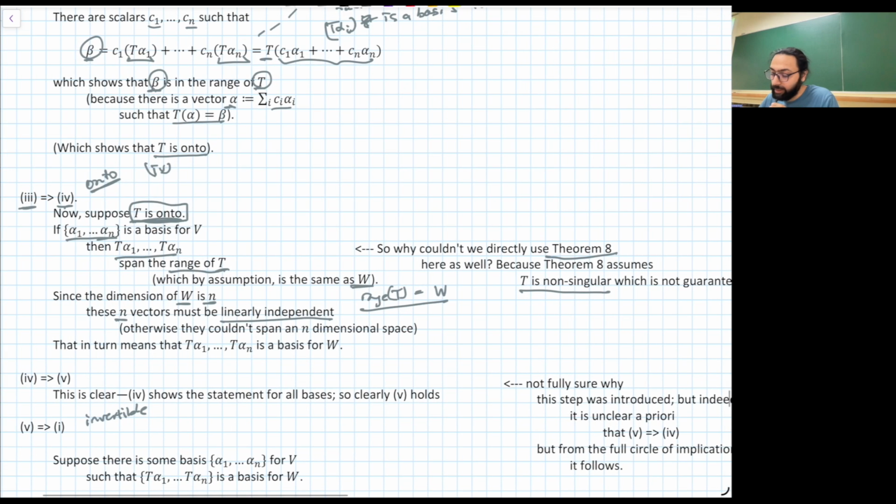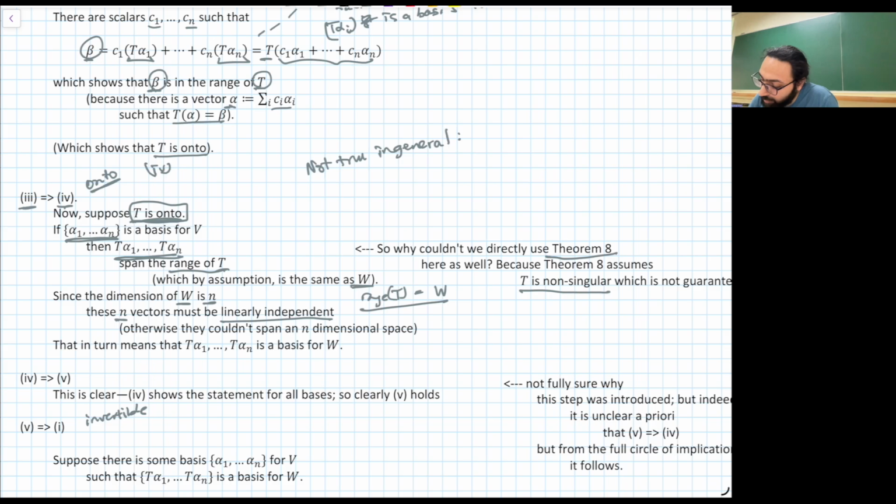So when I say that T alpha 1 to T alpha n are linearly independent because alpha 1 to alpha n are linearly independent, and T is a linear operator, that is not enough. So let me write: not true in general. We assumed it's non-singular. That is the crucial part, which I also missed.